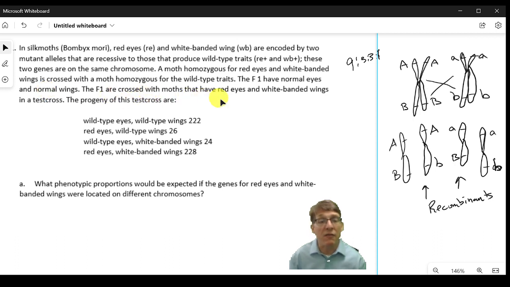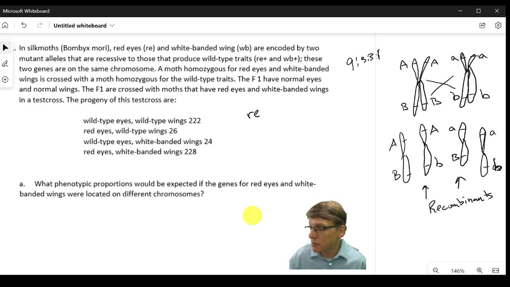And then it says the F1 are crossed with moths that have red eyes and white banded wings. When we're looking at the abbreviations for these traits, we use RE+ for the wild type trait. Since it's dominant, RE+ with either another RE+ or an RE, the recessive, will get you wild type eyes. Whereas if you have two recessive REs without the plus, this is going to give you red eyes.